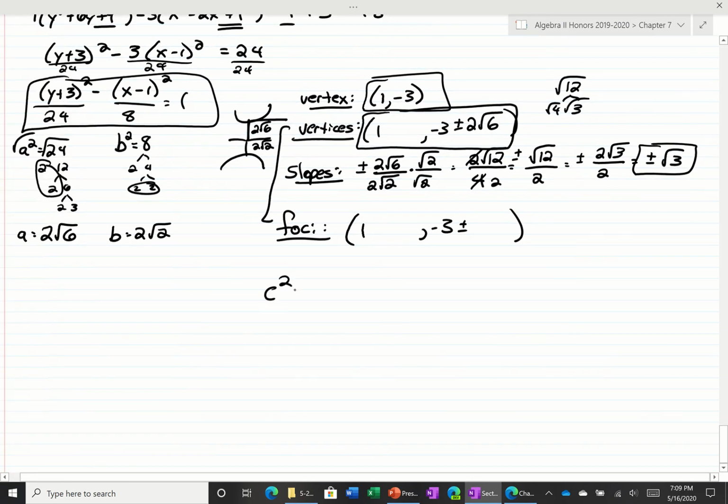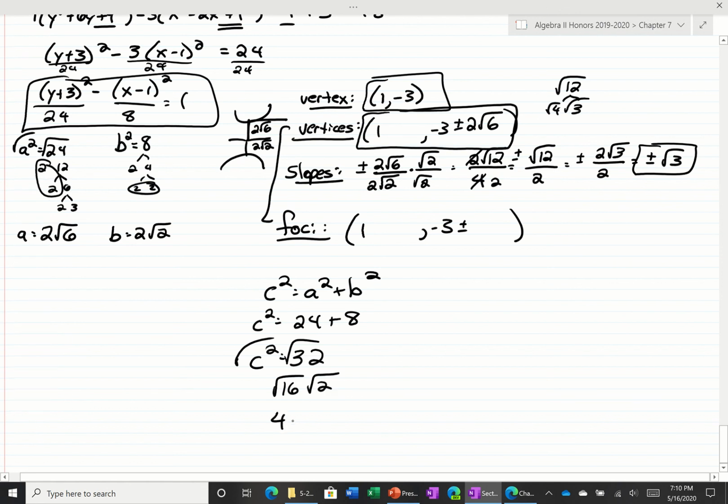So if c squared is equal to a squared plus b squared, you have 24 plus 8. C squared would be 32. Take the square root of that. Square root of 32 is the same thing as the square root of 16 times the square root of 2. So c would be 4 root 2. And that should take care of that.